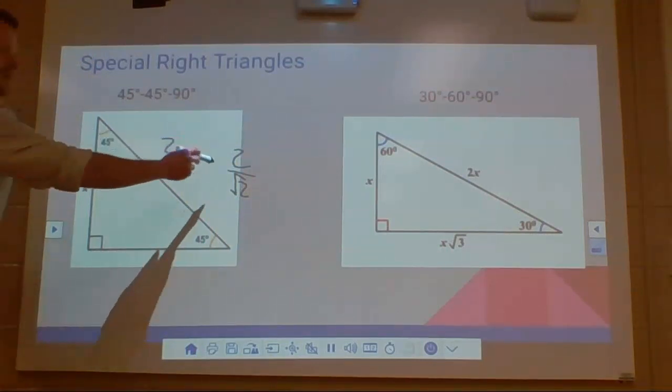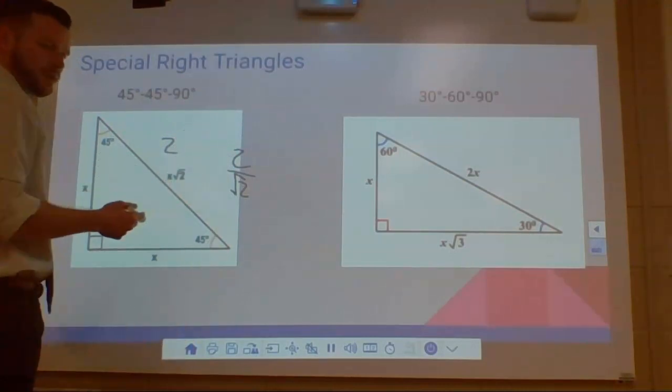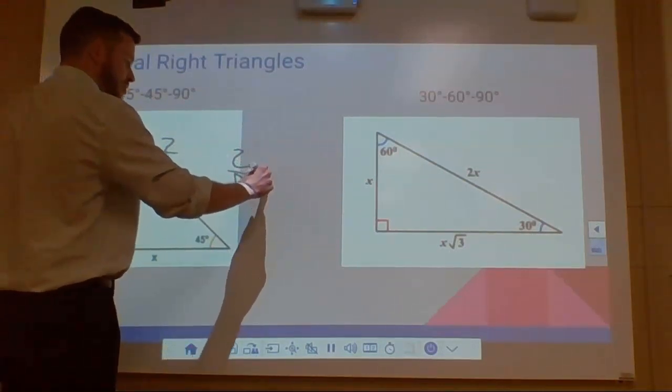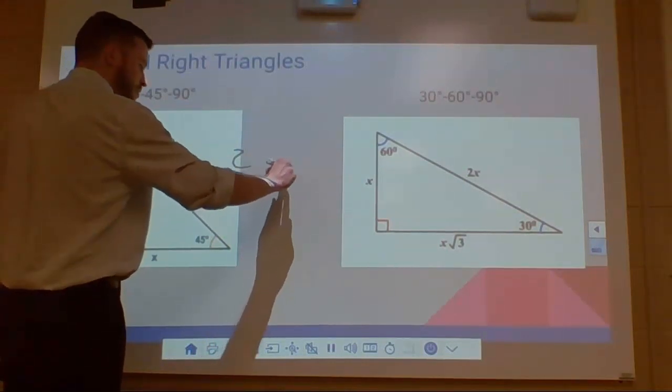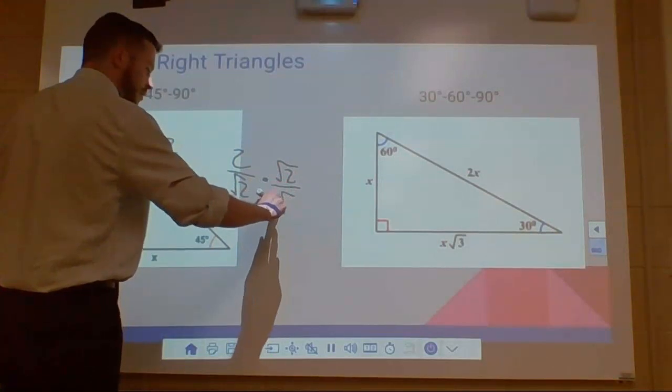Okay? But here's the deal. The problem is I have a radical in my denominator when I divide by the square root of 2. So what I'm going to do is rationalize, and I'm going to multiply by the square root of 2 in the numerator and the denominator.